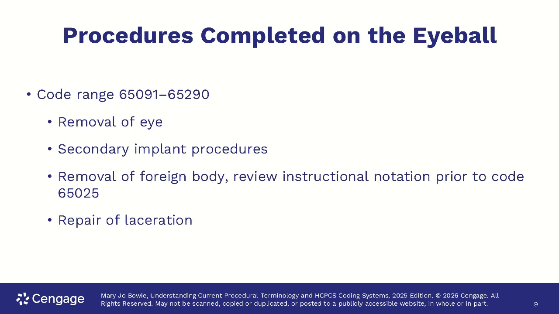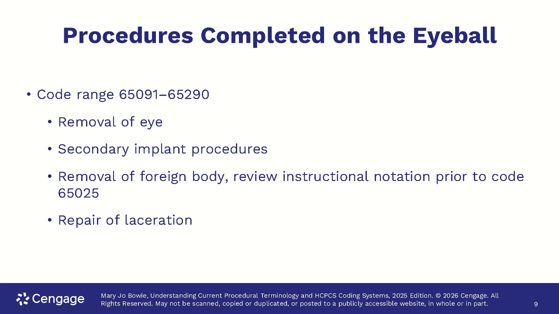All right. So next up, let's look at some procedures completed on the eyeball. We have procedures such as evisceration, which means removal of an organ. And in this place, it's removal of the ocular contents.